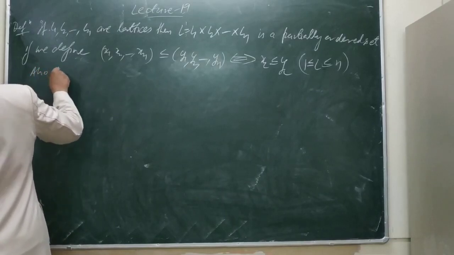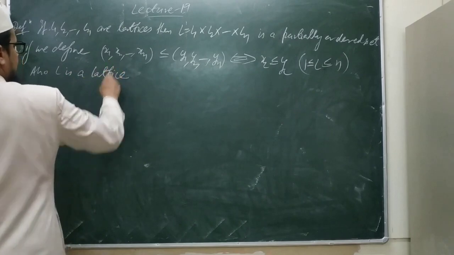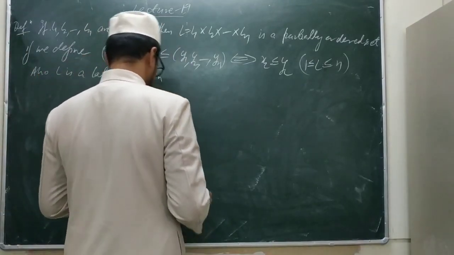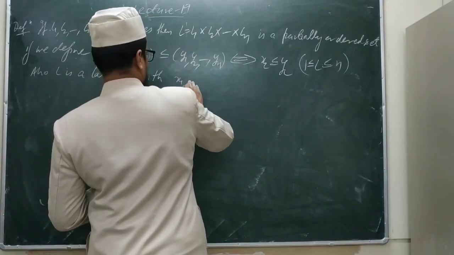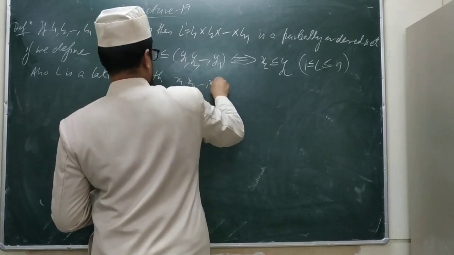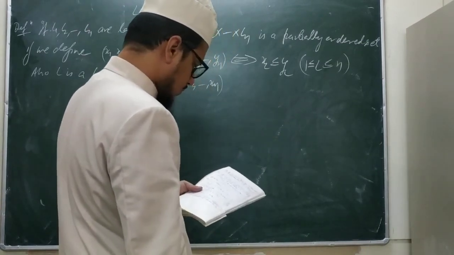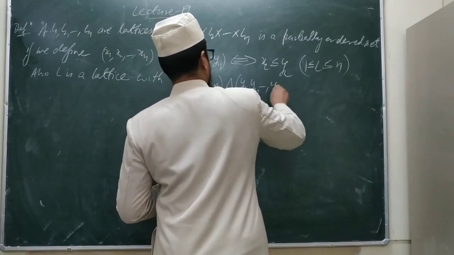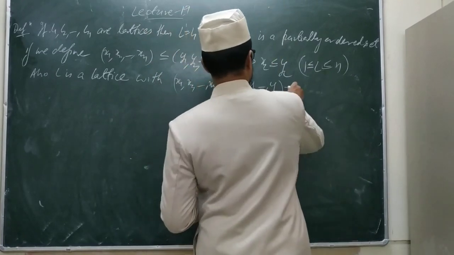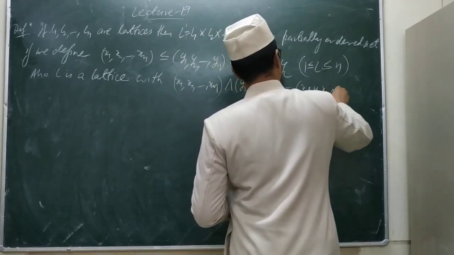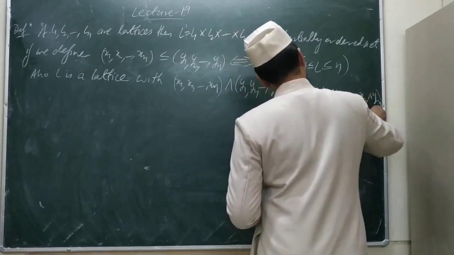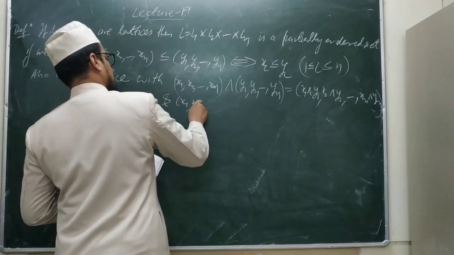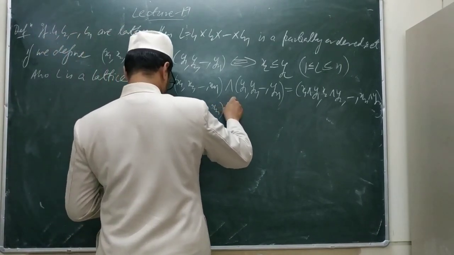Also, L is a lattice with (x1, x2, ..., xn) join (y1, y2, ..., yn).